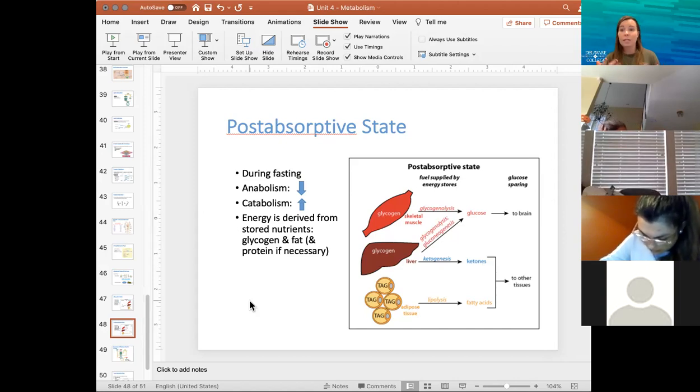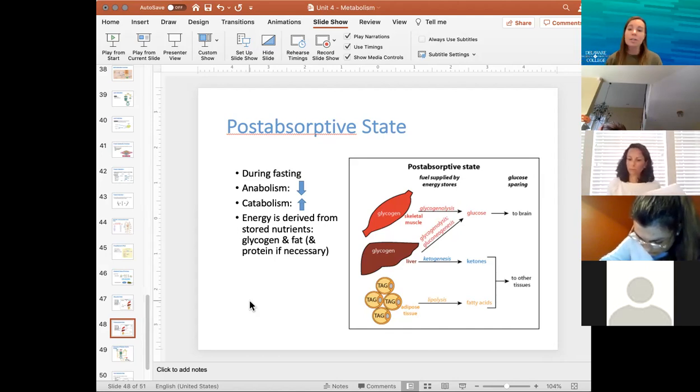So you don't have all these free amino acids that you can just use to make new proteins. But proteolysis, breaking down proteins, yeah, that might be happening if you've used up all the carbohydrates and fats that you have stored. Then you would have to use your proteins. So pretty much the exact opposite of what we just said for the absorptive state.